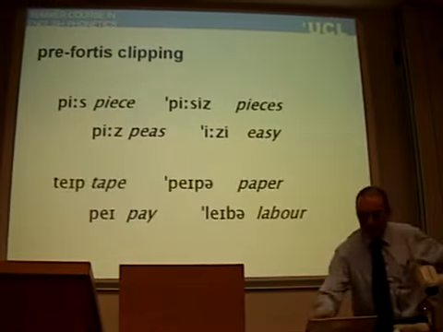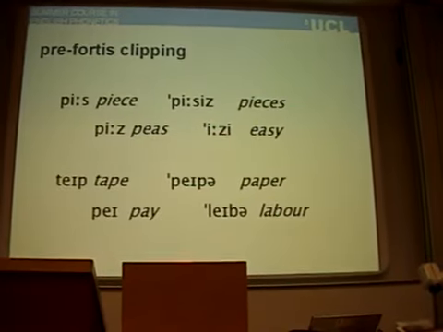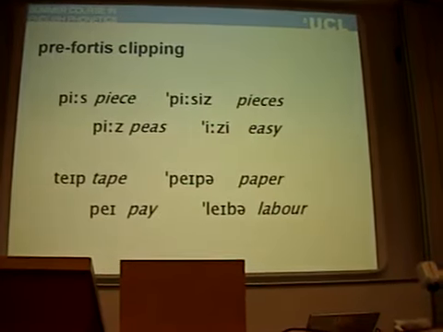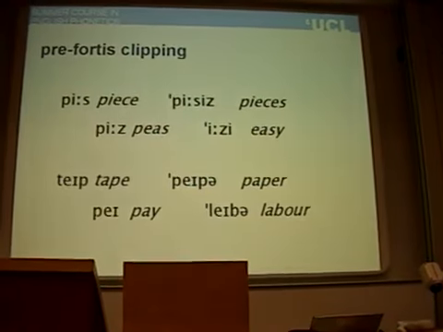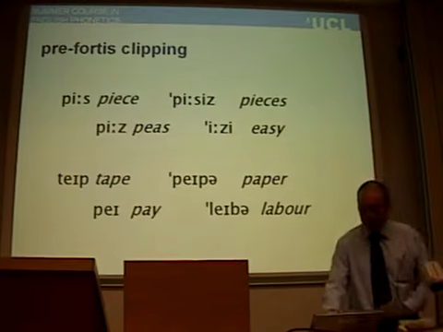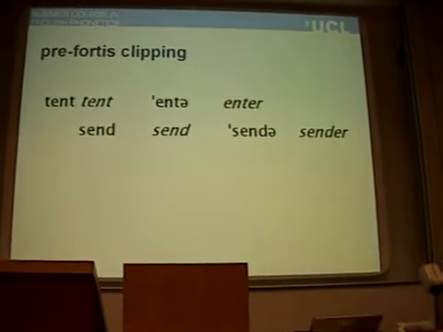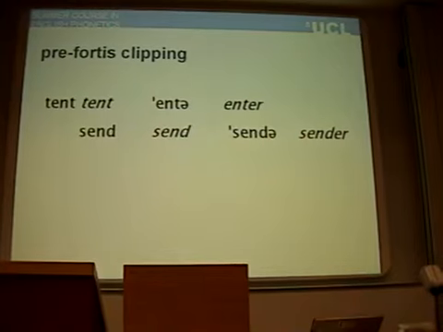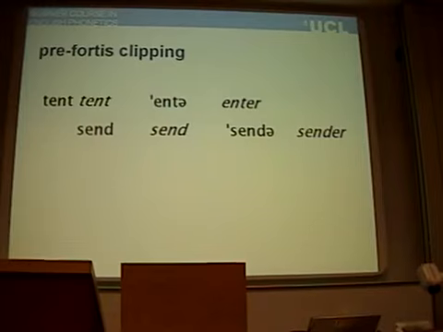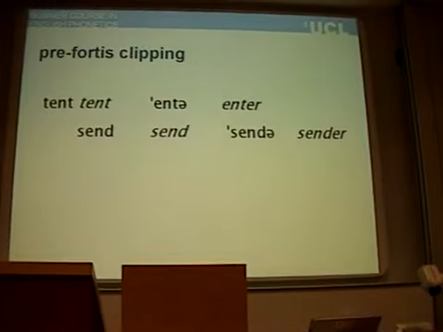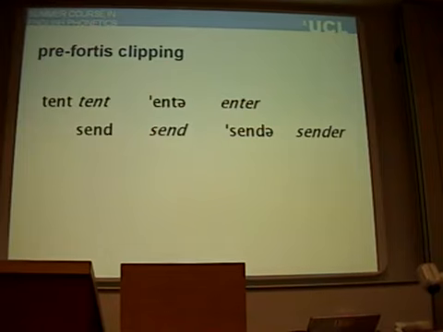Or again, tape, paper with pre-fortis clipping, pay, labour, without it. Tent, enter, with it. Send, sender, without it. This, by the way, is one of the reasons that I believe that in a word like enter, the T is in the first syllable.